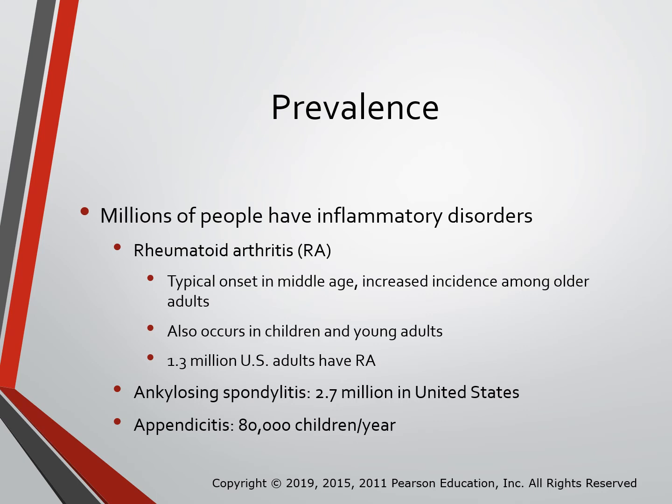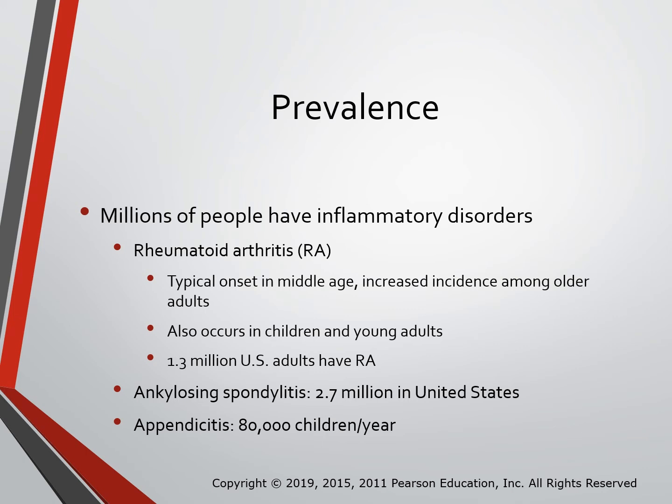So what is the prevalence? Who does this affect? Millions of adults and children in the United States have inflammatory disorders. The typical onset of RA, or rheumatoid arthritis, occurs in middle age with an increased incidence among older adults. Rheumatoid arthritis also occurs in children and young adults.